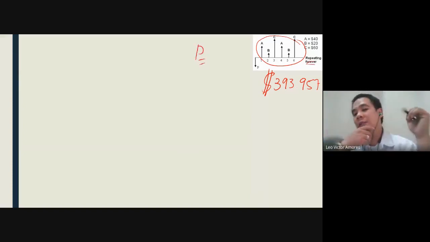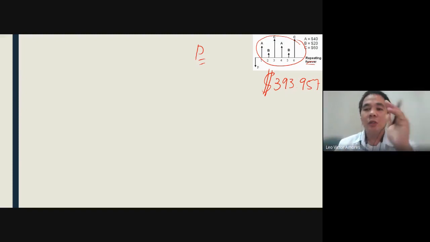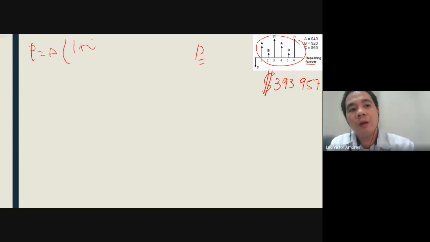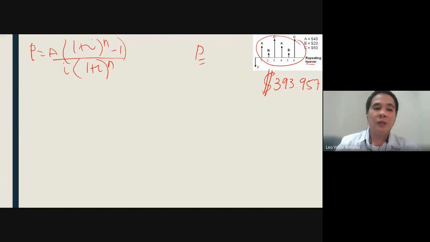Unya kay dili man siya pareho, first and foremost, you need to get the value na equal siya. So, knowing that the present value of an annuity is equal to A, 1 plus I to the power of N minus 1 divided by I, 1 plus I to the power of N. Sakto, that is the formula for a present value of an annuity.